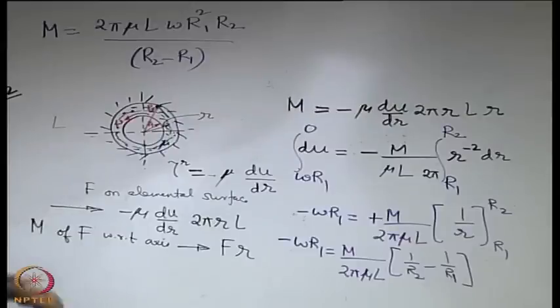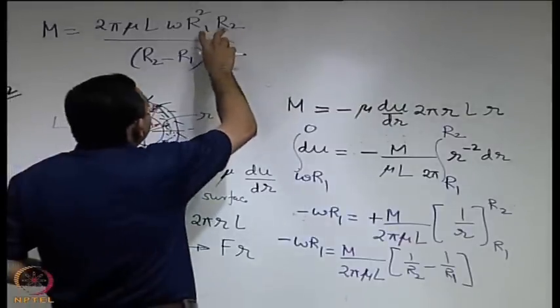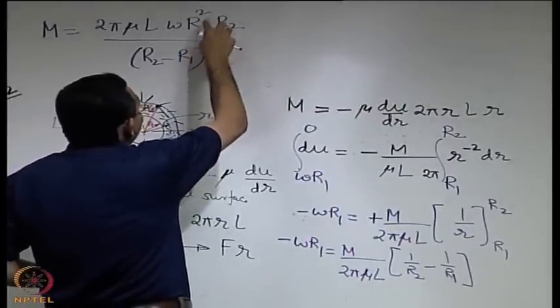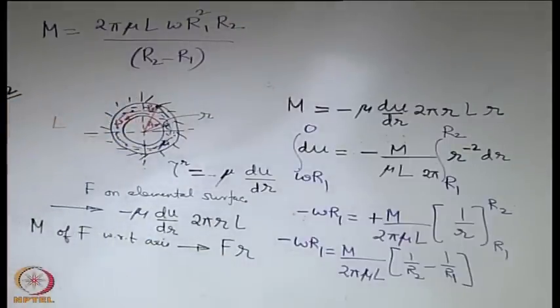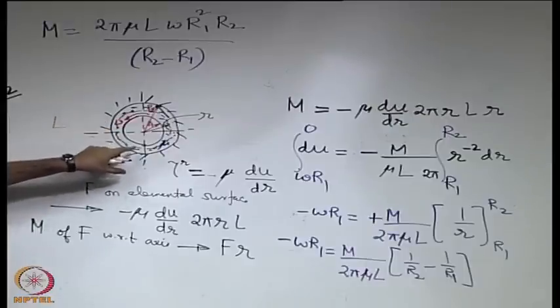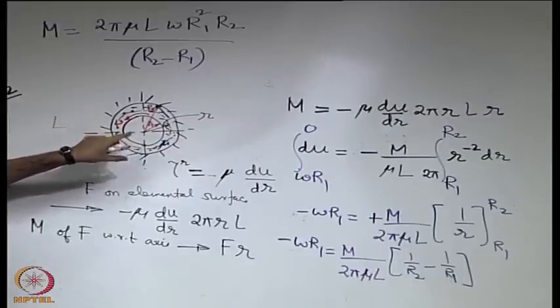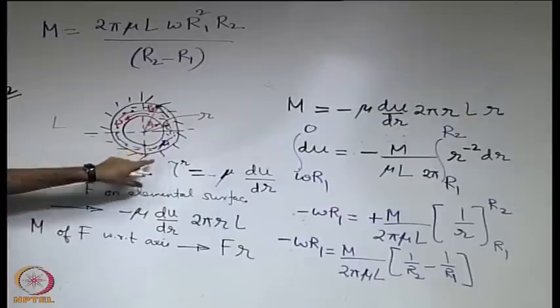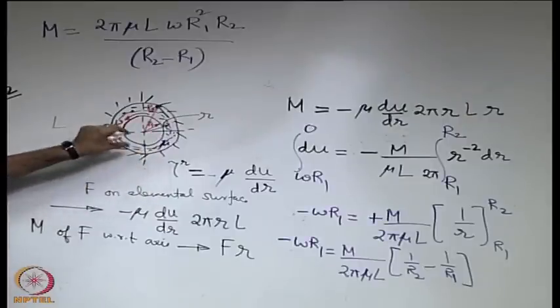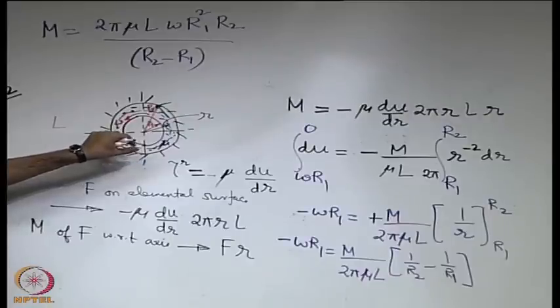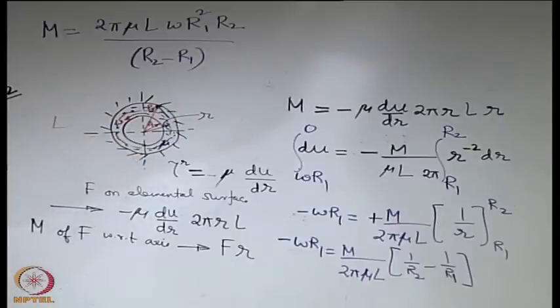there is a difference between r1 and r2, and here you actually have r1 square r2 in this expression. But if you neglect the variation of the velocity profile from the inner to the outer and assume that the gap is very thin, so that it is a linear profile, then what would be the difference in the expression that you get?